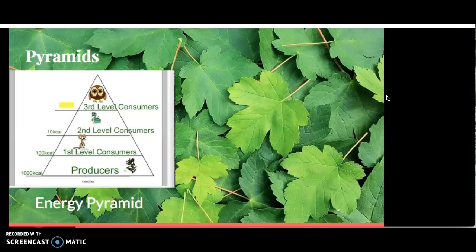So the producers are always going to have the majority of the energy in them, and then the first level consumers are only going to get about 10% of the energy from the producer that they consume, which is why a consumer is going to need a lot more of the producers so that they can get all the energy they need, right?